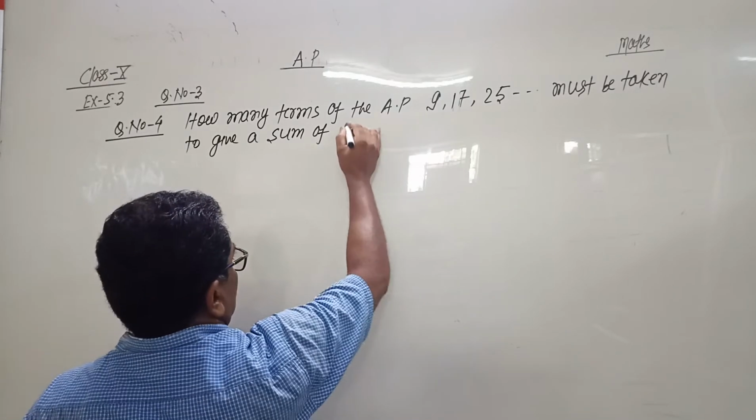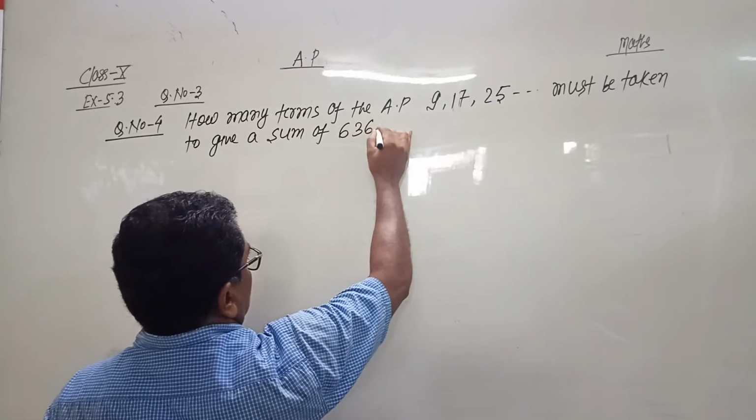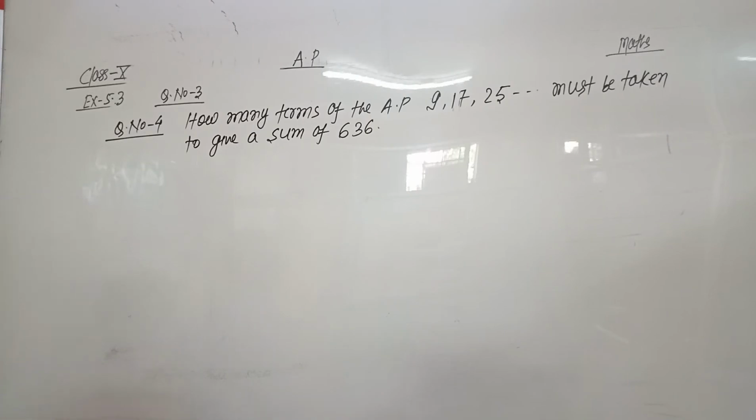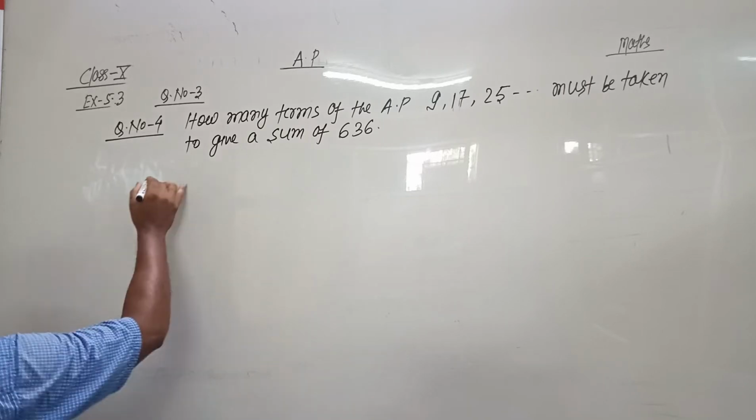To give a sum of 636, we have to find the number of terms, that means n we have to find.